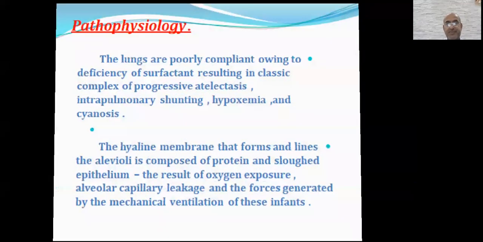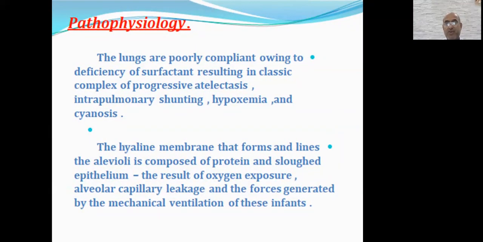Pathophysiology. The lungs are poorly compliant owing to the deficiency of surfactant, resulting in a classic complex of progressive atelectasis, intrapulmonary shunting, hypoxemia, and finally cyanosis. The hyaline membrane that forms and lines the alveoli is composed of protein and soft epithelium.